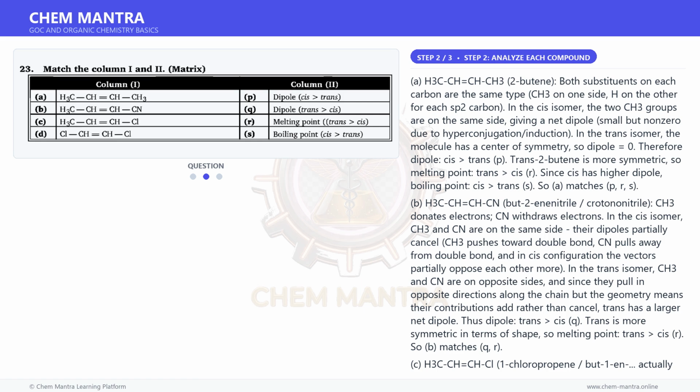Therefore dipole: cis > trans, P. Trans is more symmetric, so melting point: trans > cis, R. Since cis has higher dipole, boiling point: cis > trans, S. So D matches P, R, S.